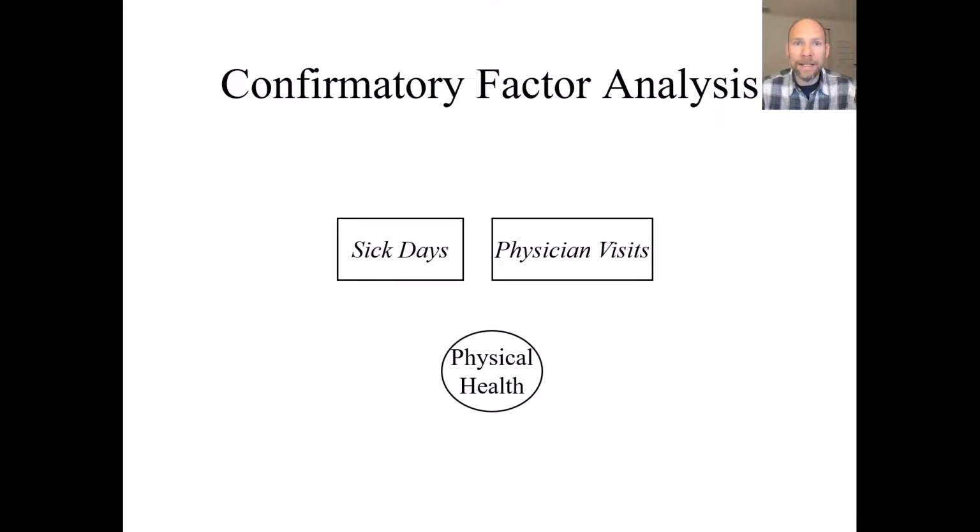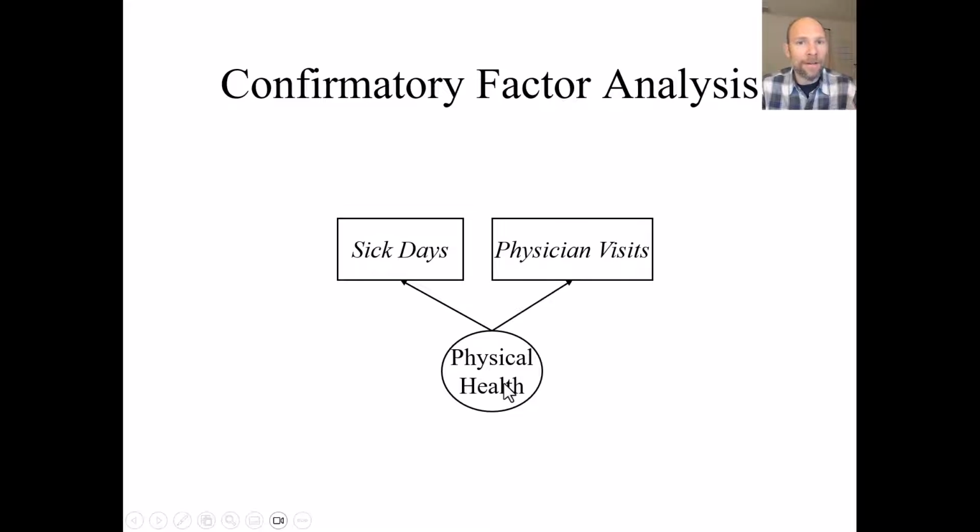So there's likely a positive correlation between the number of sick days indicator and the number of physician visits indicator. That covariance or correlation between those two manifest variables is what is used in the confirmatory factor analysis model to extract a latent variable, physical health, that accounts for the covariance.